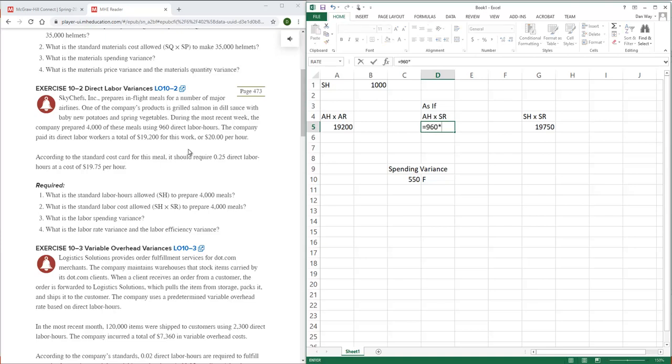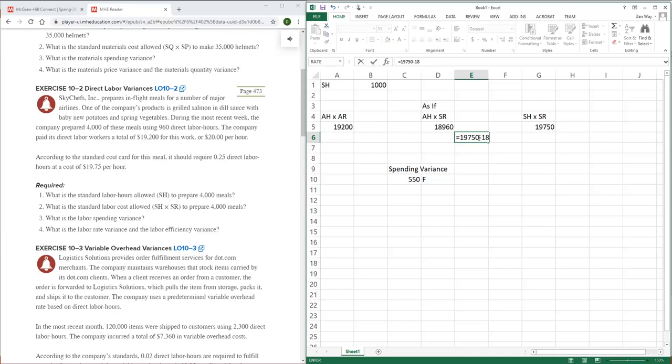That standard rate again was the $19.75 per hour rate that was projected before the period started. There's a total of $18,960. So if we isolate the difference between these two, we're looking at differences caused by the change, if you will, in hours, standard hours versus actual hours. So that would be our efficiency variance. So let's get a number for that.